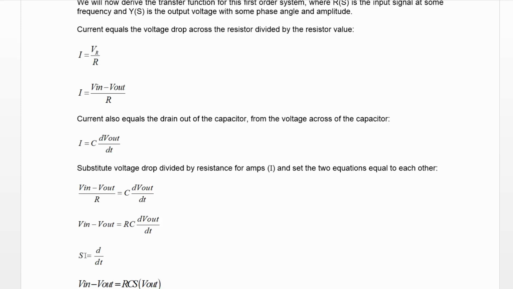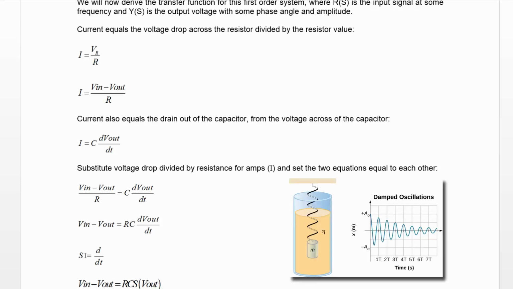So omega is 2 pi f. And f is your frequency, like we said, 60 hertz, 1 hertz, 2 hertz. And 2 pi is the radians going around in a circle. So it's how many times you go around a circle in a second. Or with oscillations, remember the tank's going up and down.